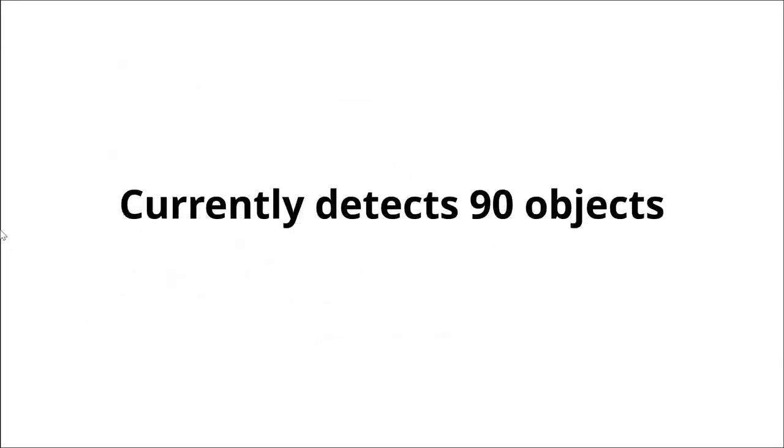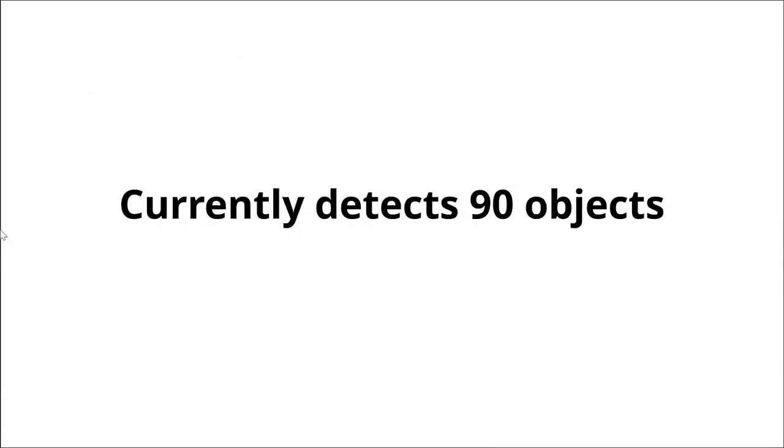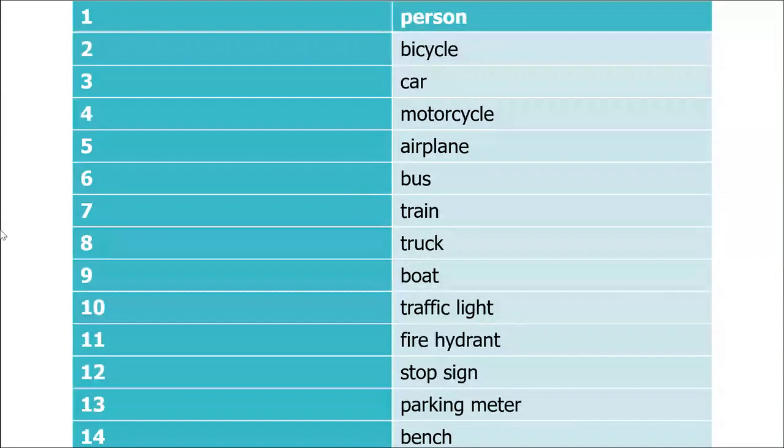Now let us go into a small demo. Before that, let us see how many objects Creator can find in object detection. Currently we have 90 objects that Creator can detect, and these are some of the objects. We have listed some.